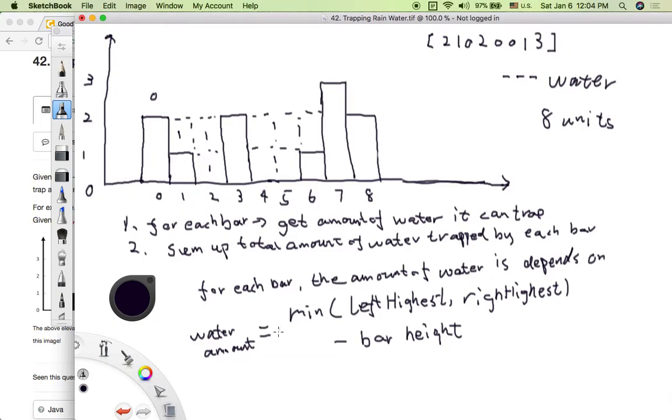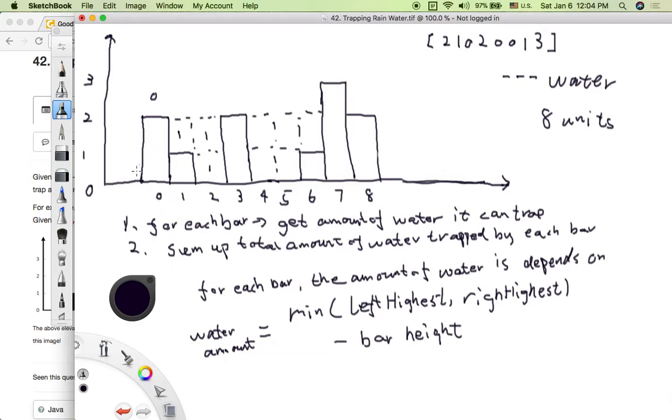So let's iterate over each bar and see this formula. Here, the first bar's height is 2, but at the beginning the left side height is 0, so the minimum of left height and right height, no matter how high the right height is, is always 0.